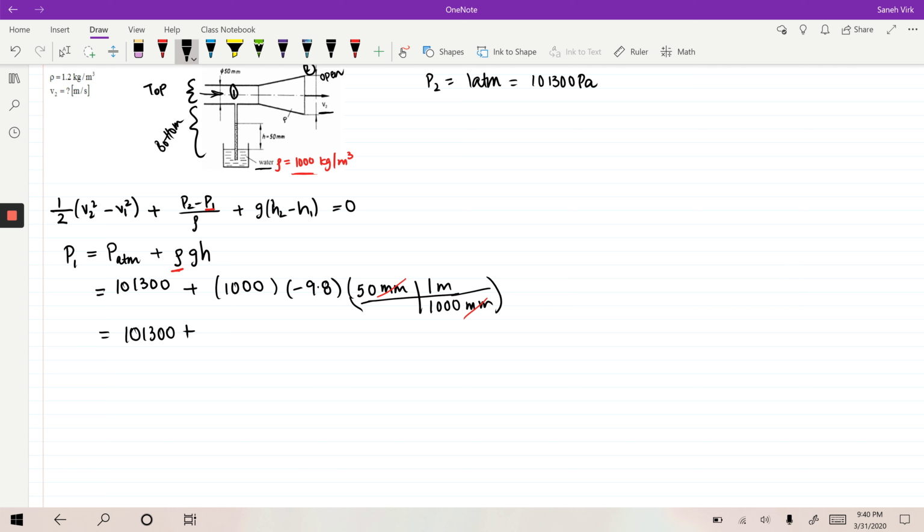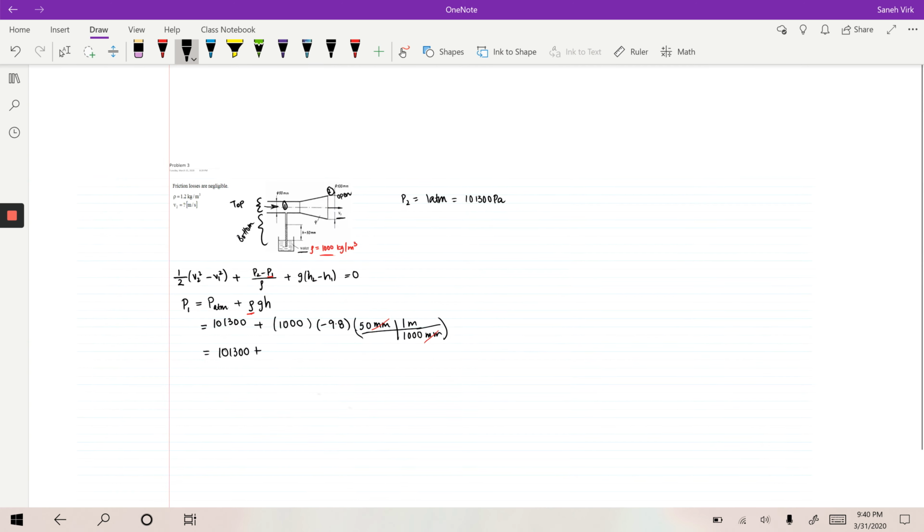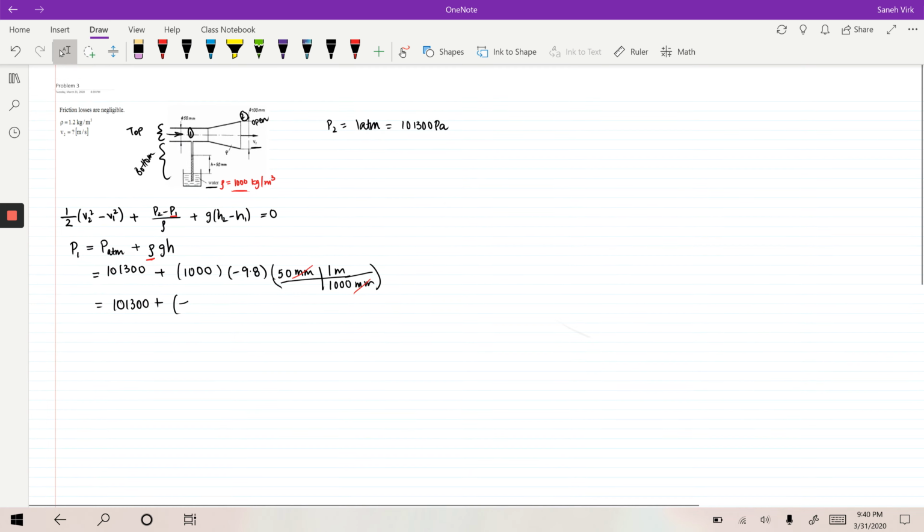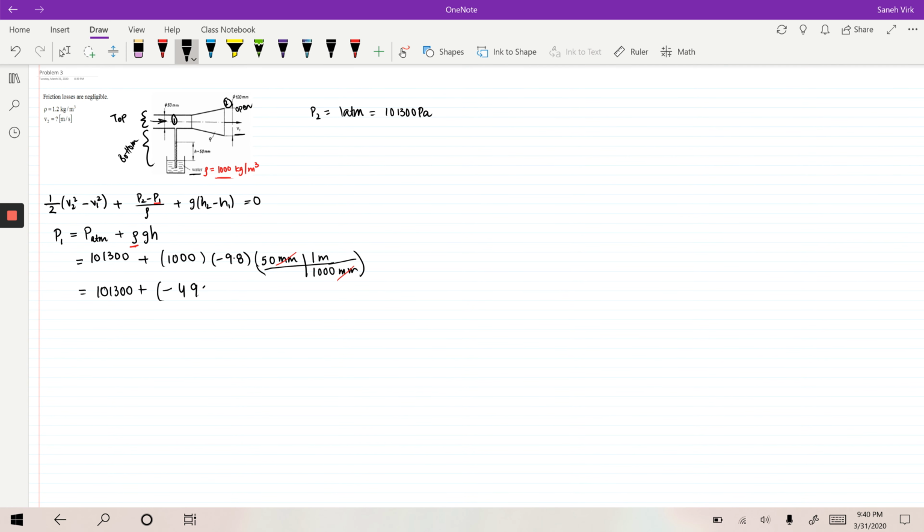That gives us negative 490, which means our P1 is 100,810 Pascal. Now we also have our P1, which is 100,810 Pascals.